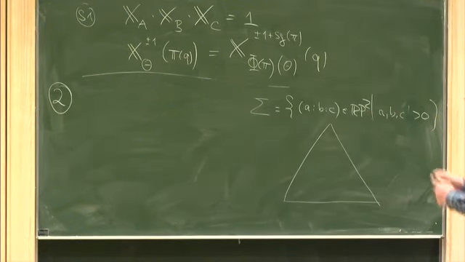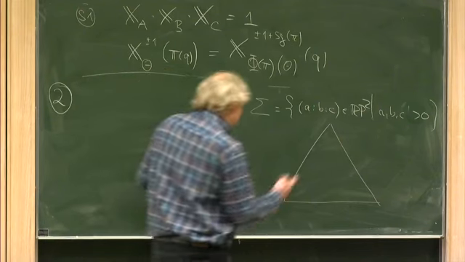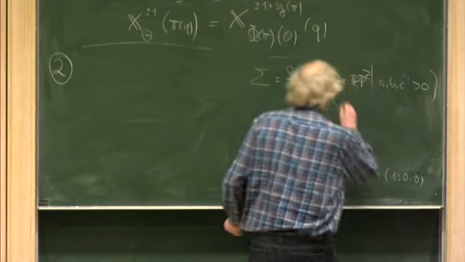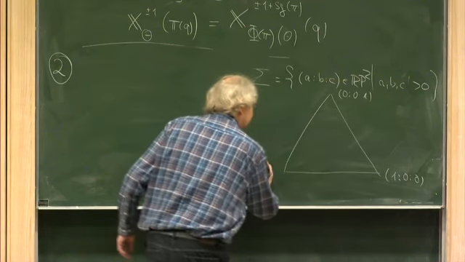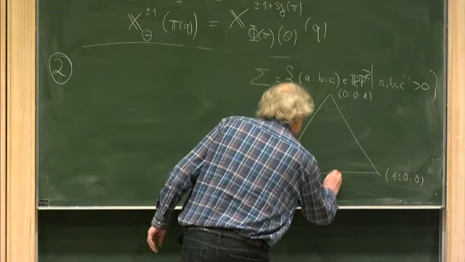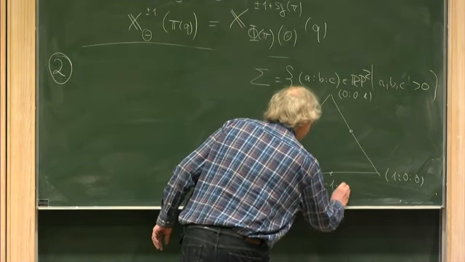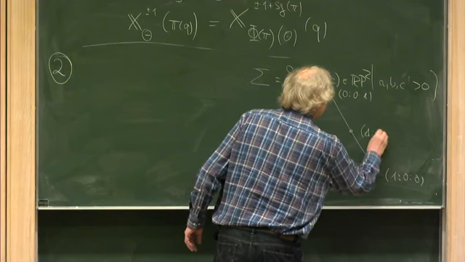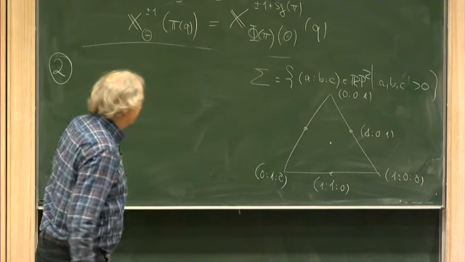So in the projective plane, it's the triangle spanned by the unit vectors, and it has a very nice affine structure. And here, for example, is the point 1, 1, 1 in the middle.